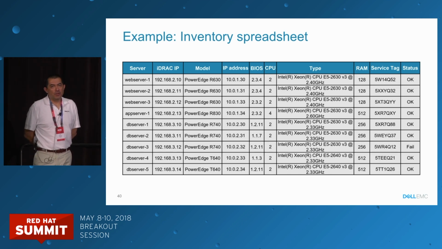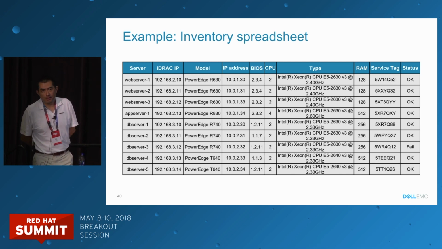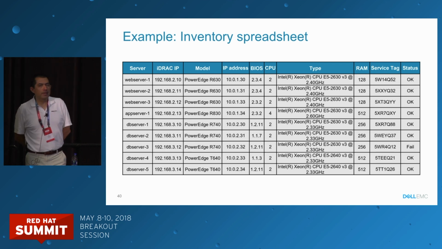That is the only manual task with Ansible: you do have to manually maintain your Ansible host file, and you do have to specify the IP addresses of your servers. Now, one thing in this particular case, because we're not talking to the OS, we're talking to the out-of-band controller, you specify the IP address of your iDRAC, not of the OS.